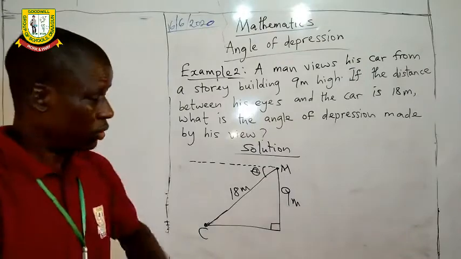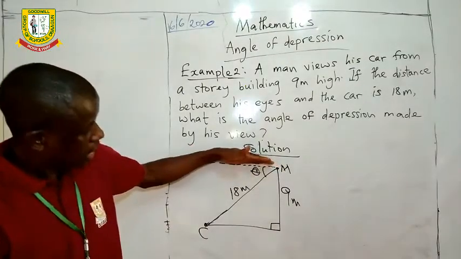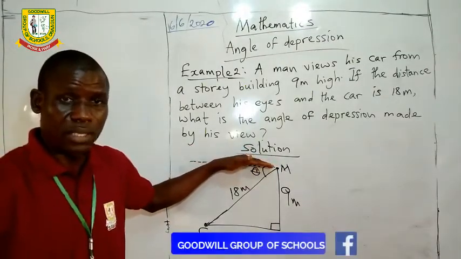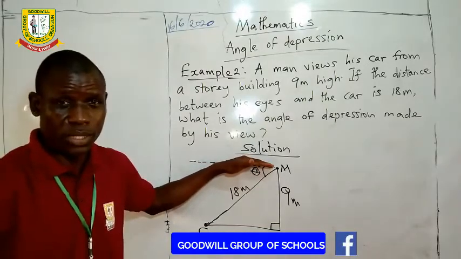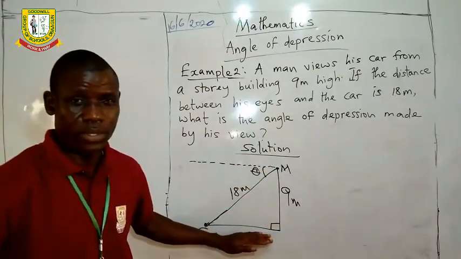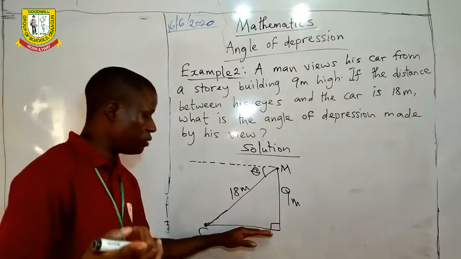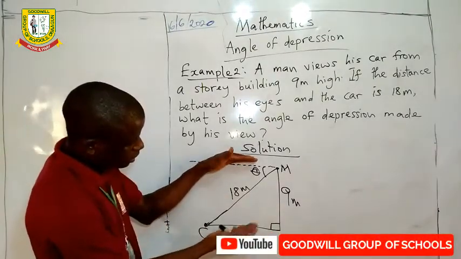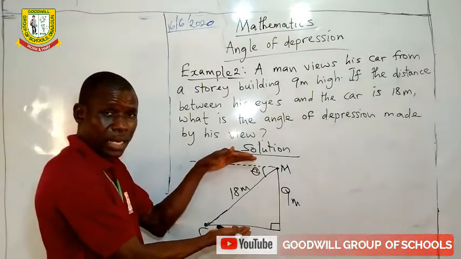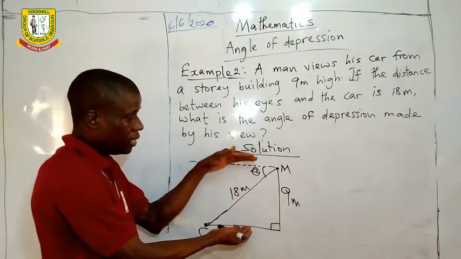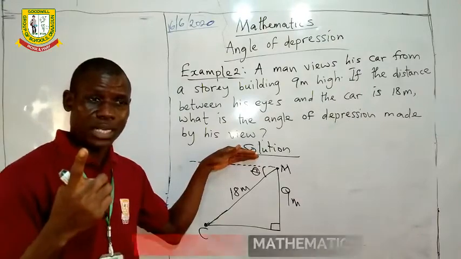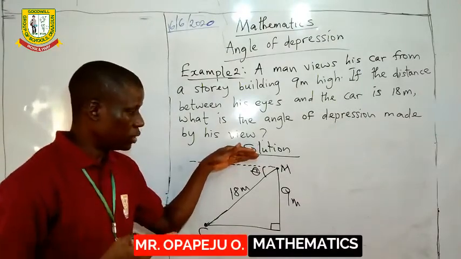Now, this line representing his eye view is purely horizontal, and of course the ground is purely horizontal. Now you should interpret your question from there. Having this horizontal and this horizontal, they are parallel lines. And if these two are parallel lines, then we should look for the alternate angle between the two of them.